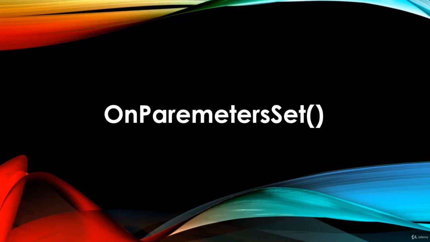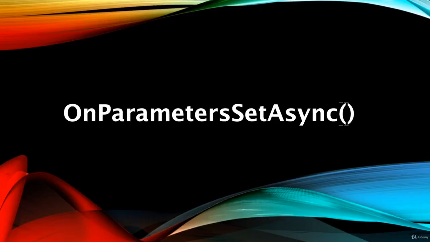Let's talk about OnParameterSet and OnParameterSetAsync, which is executed every time the component receives the first parameters or the parameter values change. Bear in mind that it's also possible to combine OnParameterSetAsync with OnInitializedAsync. In fact, all component lifecycles can be combined.